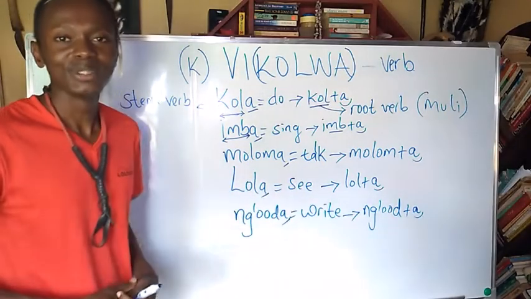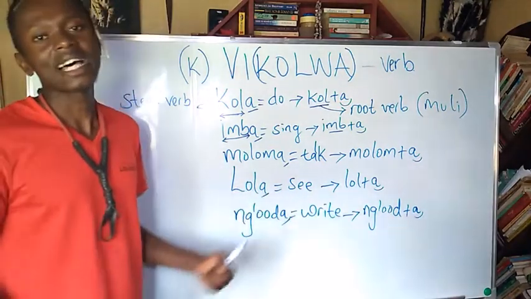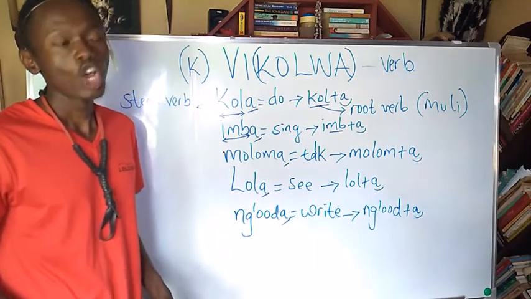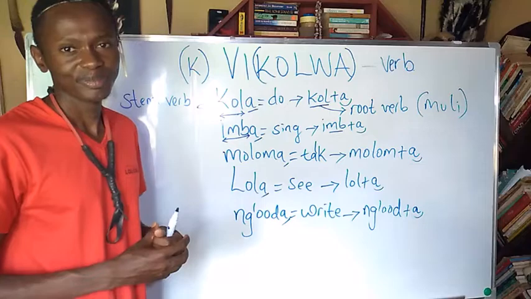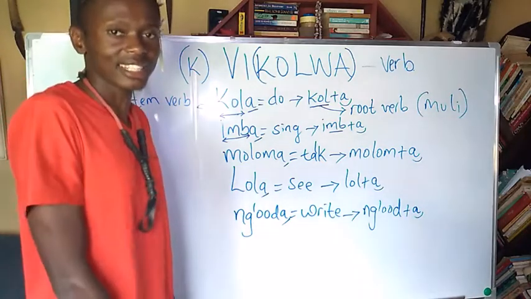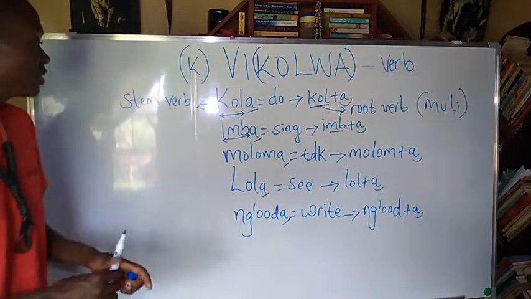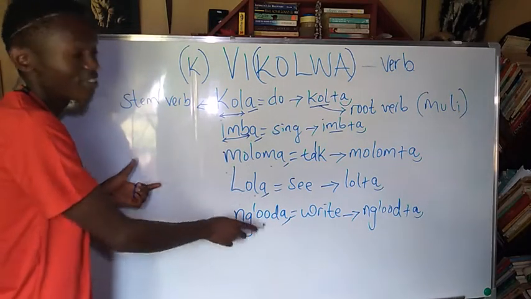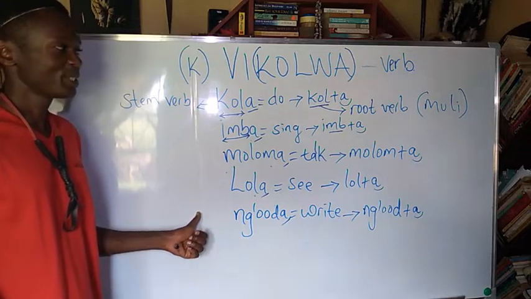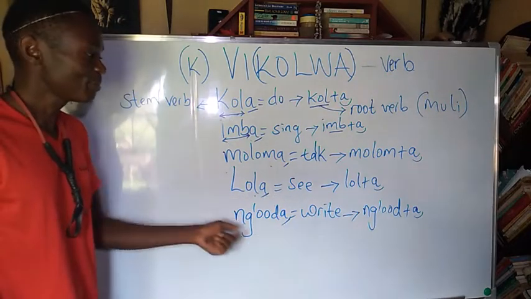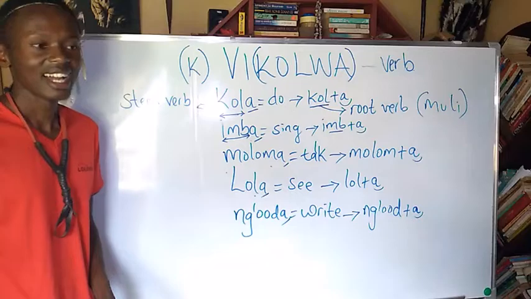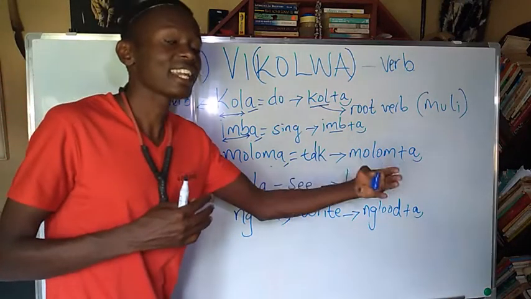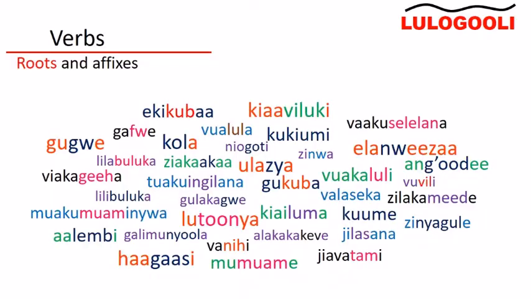Kora, do. Nagura, run. Ibika, wear. Moroma, talk. Singira, stand. And all that. So this is the stem verb part of the verb. But these verbs are prone to acquiring different endings and beginnings.